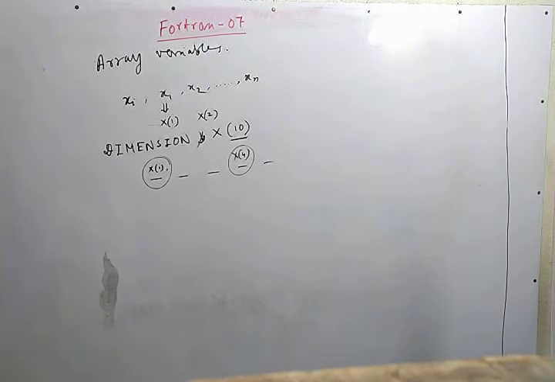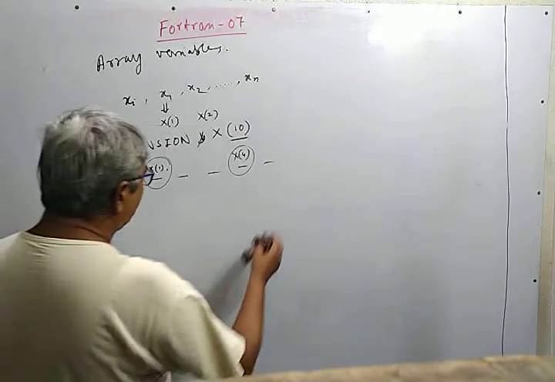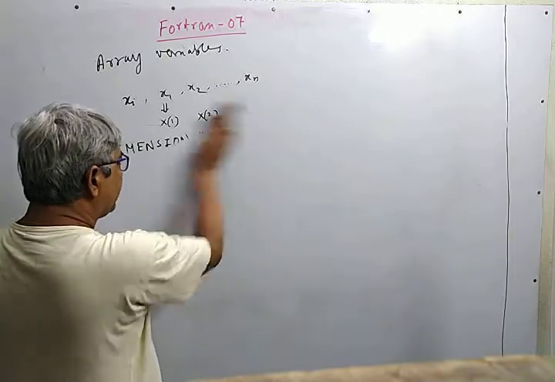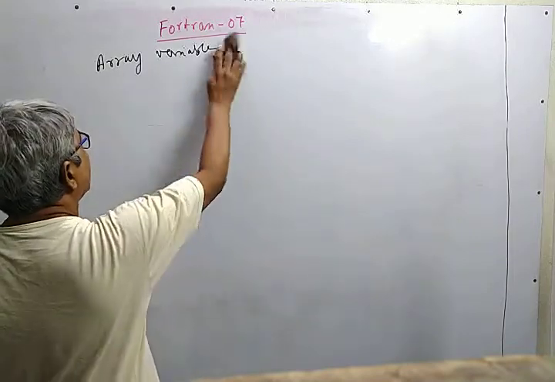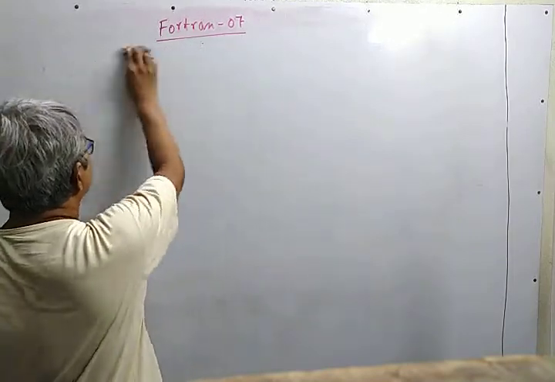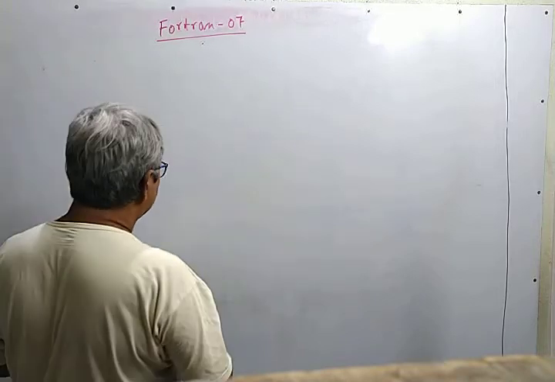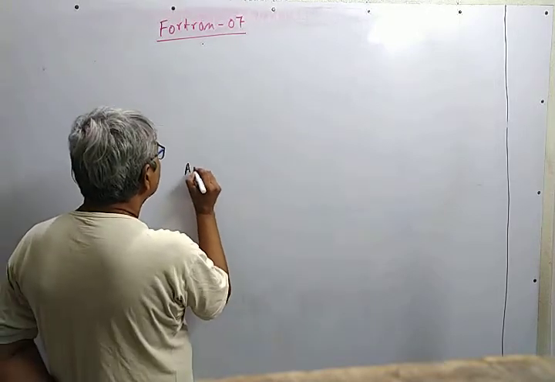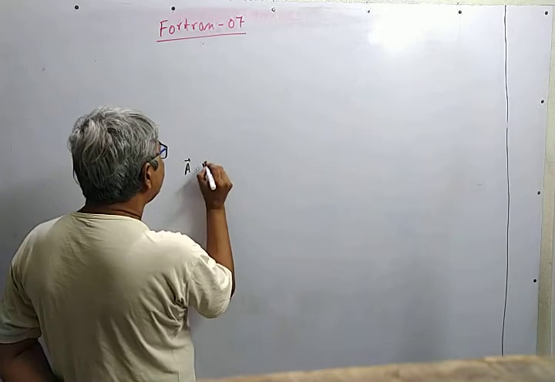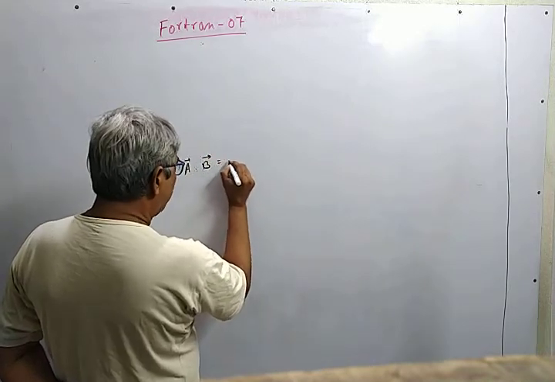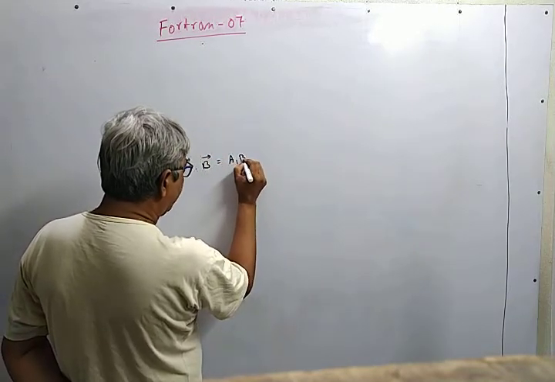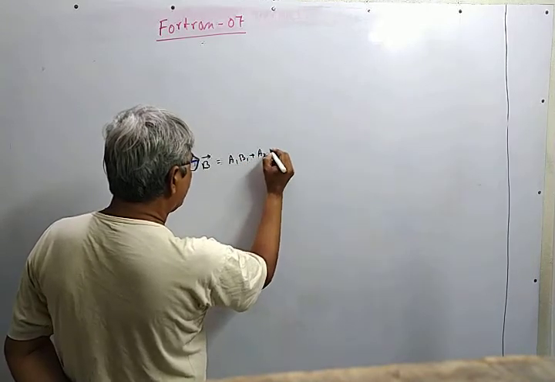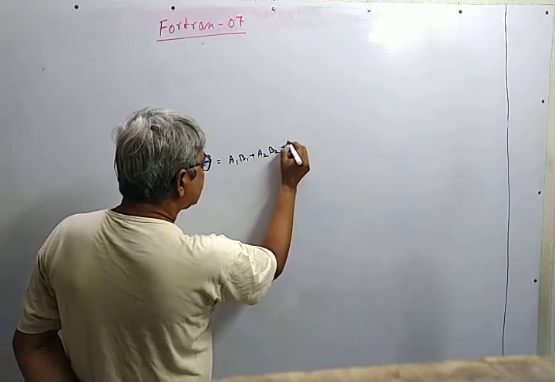Before proceeding further with the dimension, let me take a simple example where we can use this array variable. Say we have two vectors in 3 dimensions, vector A and B. If we consider A dot B, we know this is A1 B1 plus A2 B2 plus A3 B3.